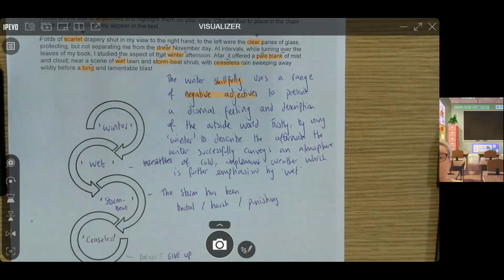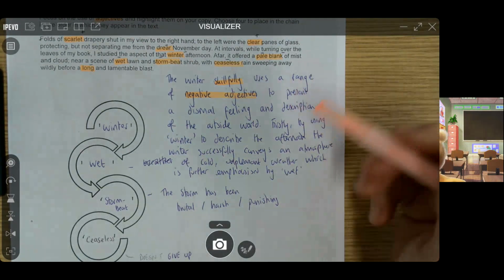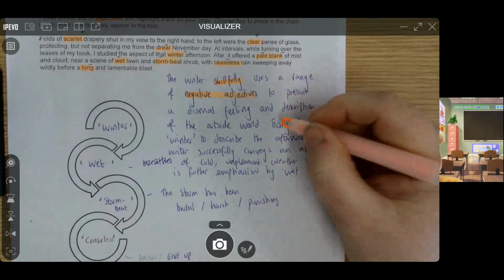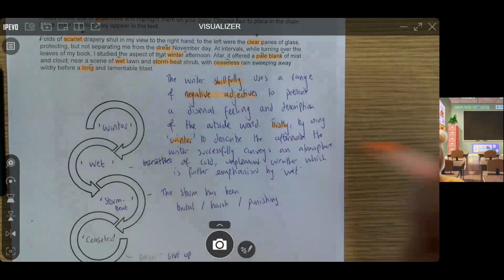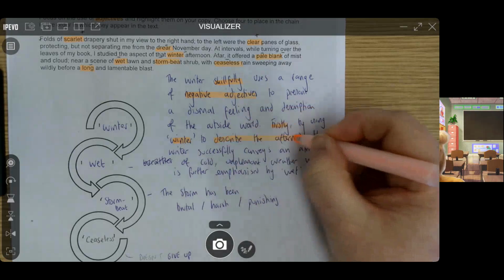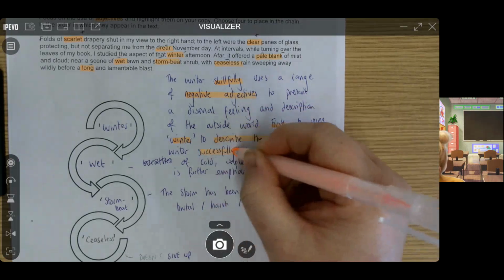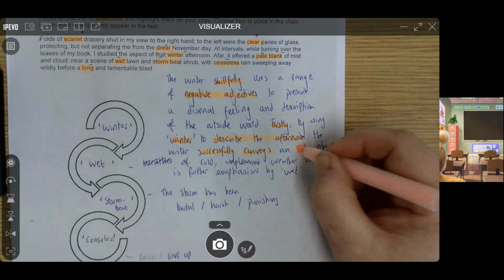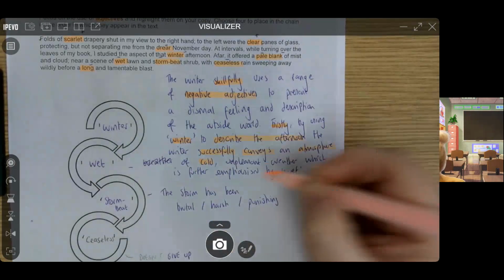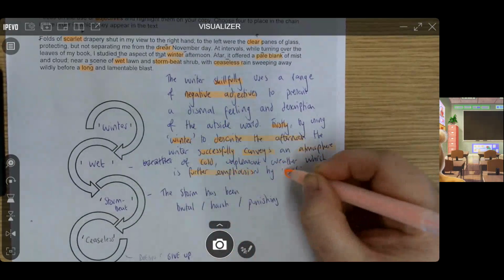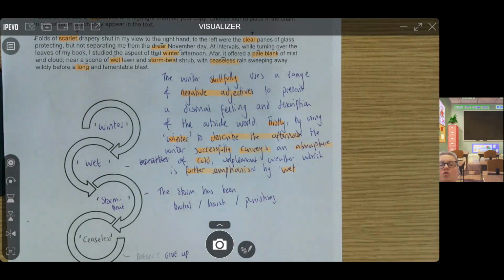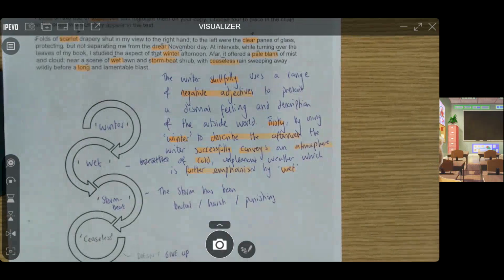So I could stop at this point. You know, I've started to pull some things apart. Firstly, I've got my embedded quotation. I've explained how it describes the afternoon because the writer successfully conveys an atmosphere of cold. And then I've said that it's further emphasized by wet. But I want to show the full cumulative effect. So I want to keep going.